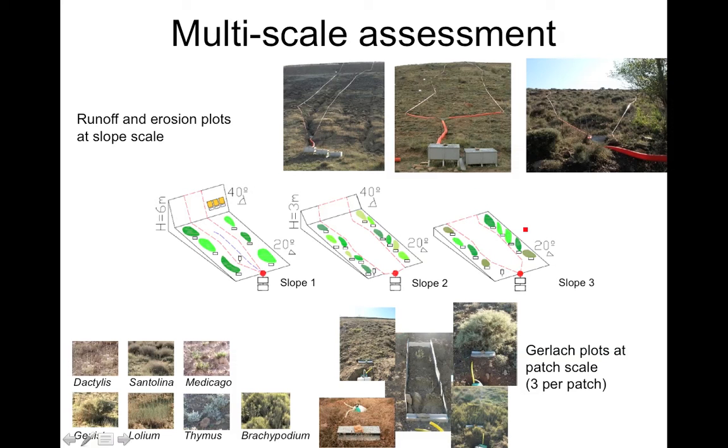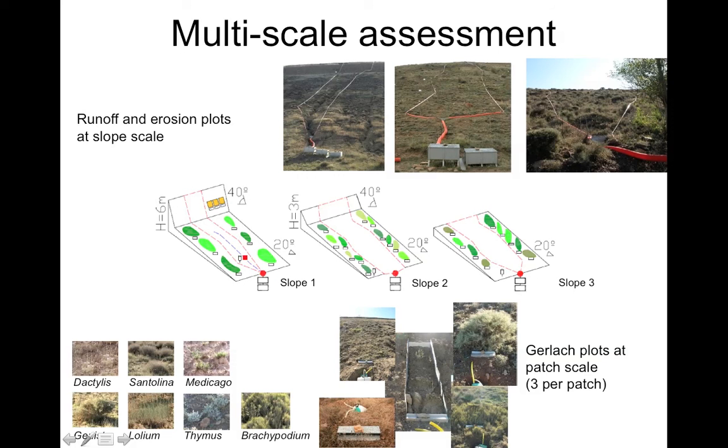And so this was done at a mine site. This is from Luis Martin from Kings Park, and he set up some multi-scale experiments. Here's a boundary there, there's a gully running through the middle here, here's another one, and here's another one. And within that, they also set up little of those runoff plots, right, that were concentrated around different vegetation types, because that's what they were particularly interested in.